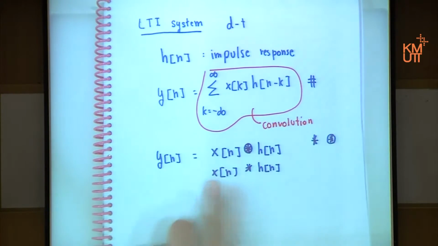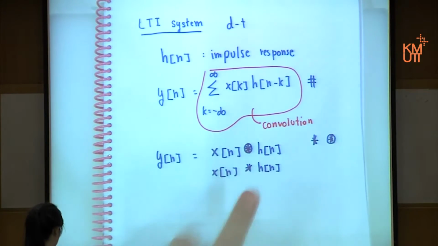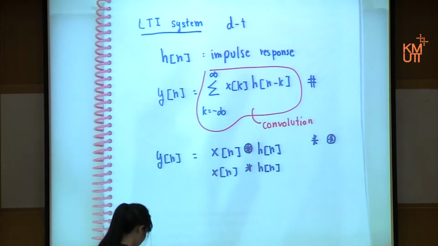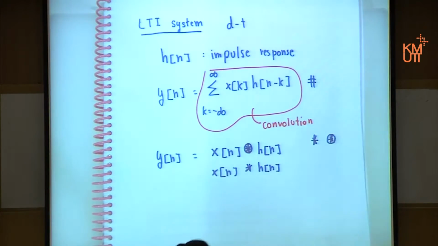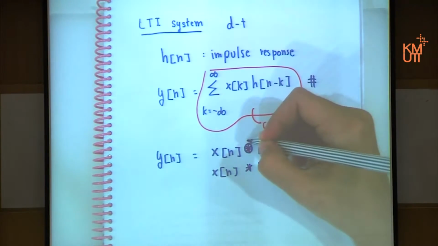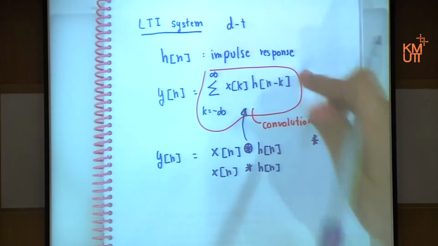When I write this symbol, it doesn't mean it is multiplication, right? Because this operation refers to all of the operations in this equation.